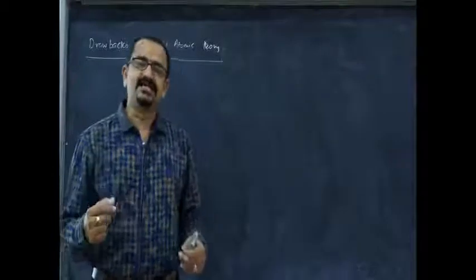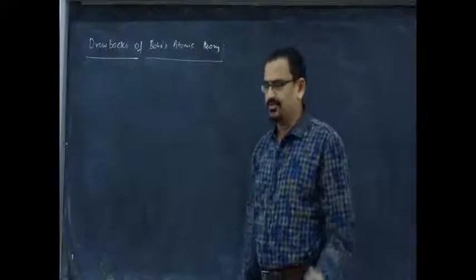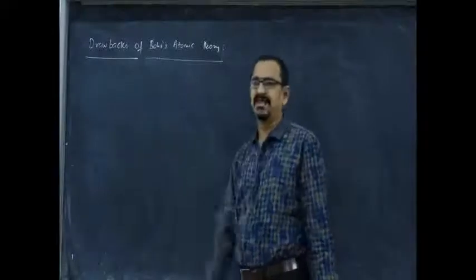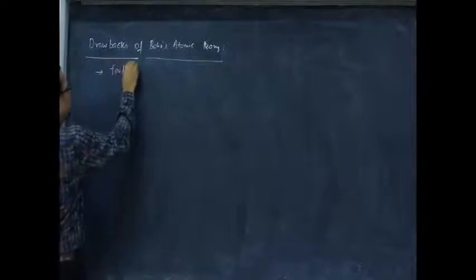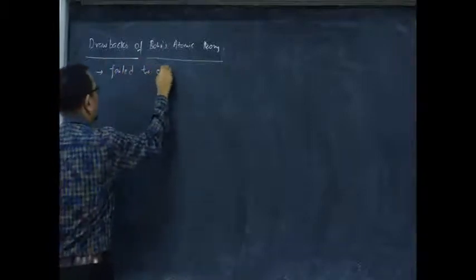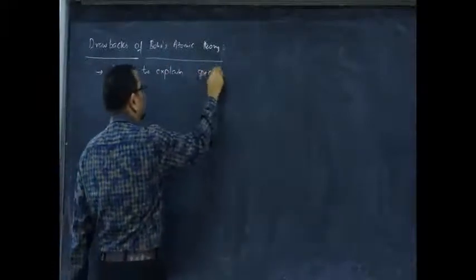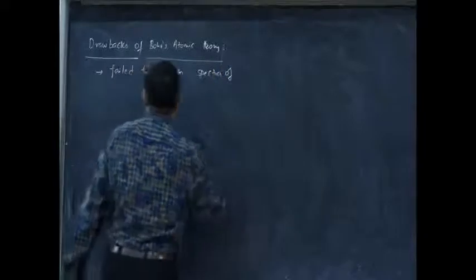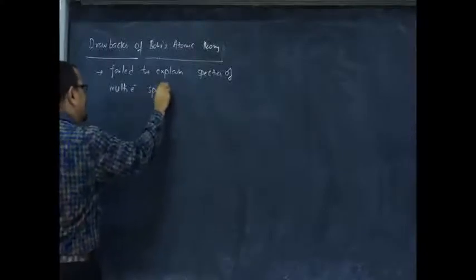Now let us discuss demerits or drawbacks of Bohr's atomic model. Bohr's model had satisfactorily explained better, by giving a modification for Rutherford's atomic model, but still Bohr's model failed to explain spectra of multi-electron atoms, multi-electron species, maybe atoms or species.